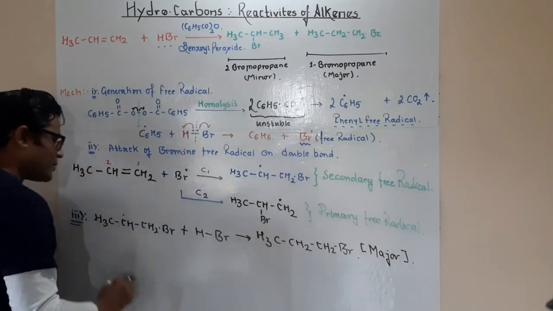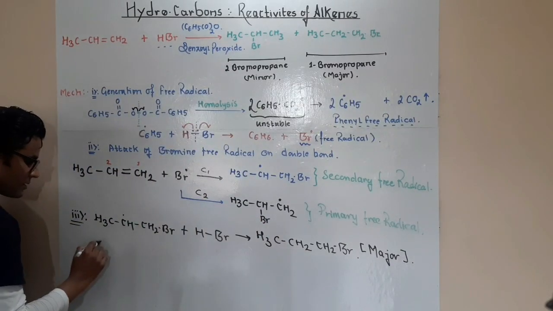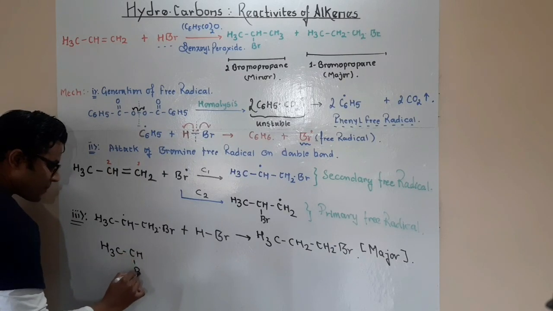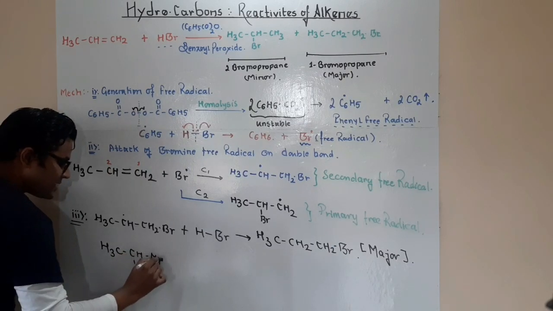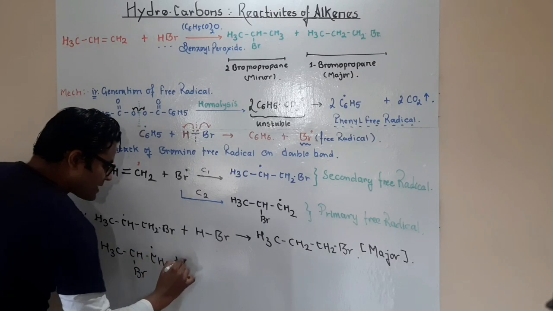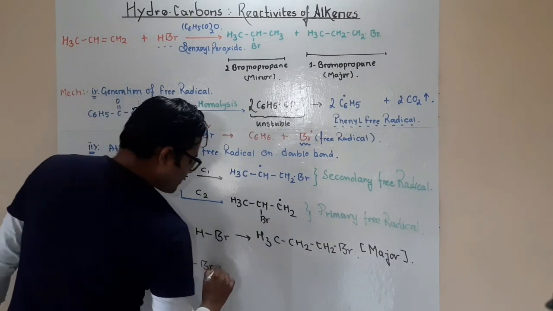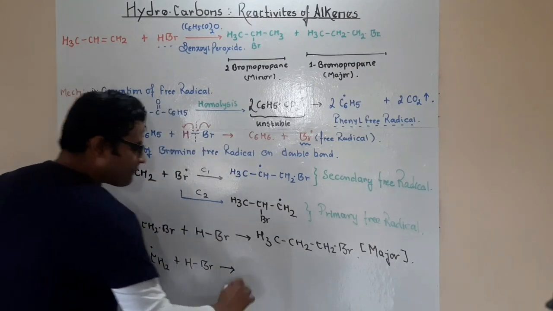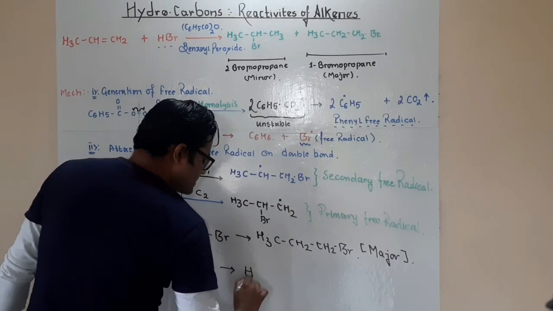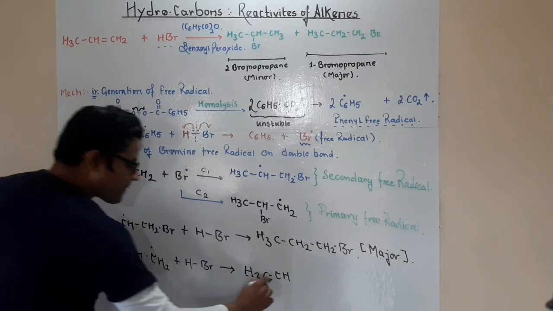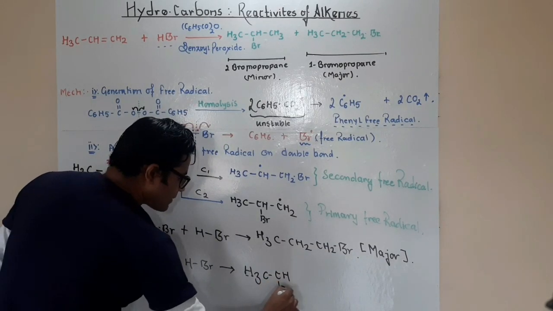Okay, so let's go with the next one. What we have is this. That is CH3 CHBr CH2 dot plus again HBr, right? So we are going to have over here CH3 CHBr.